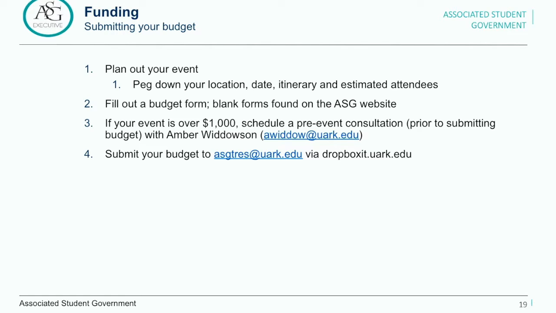But if you're in the fall of 2016 or later, I would look at the ASG website or the funding application to see who you need to be meeting with for a pre-event consultation, and that's only if the event is over $1,000. And then you want to submit your budget to asgtres@uark.edu via dropboxit.uark.edu, and I will show you how you can do that later in the video.